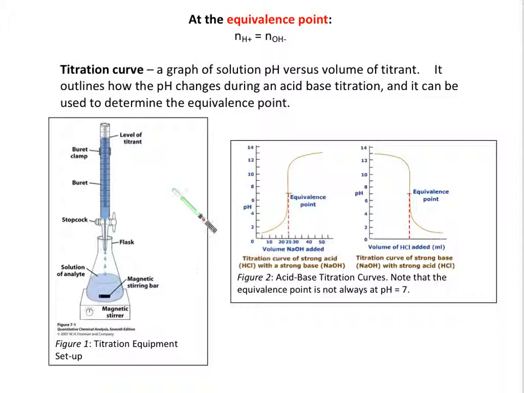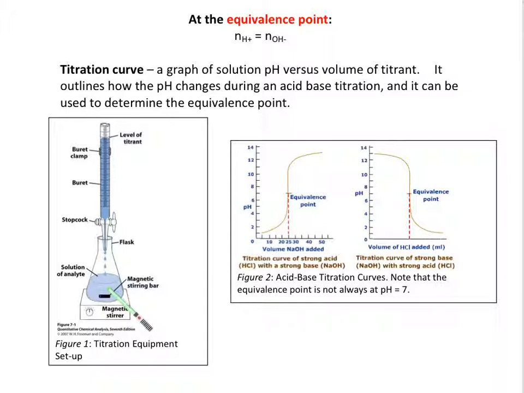At the equivalence point, the number of moles of acid are equal to the number of moles of base. Now I have a solution in the flask that I'm trying to find the concentration of, but I know the number of moles of base present in here, and I also know the volume of the solution that I started with, because I would have carefully measured that and added it to the flask.